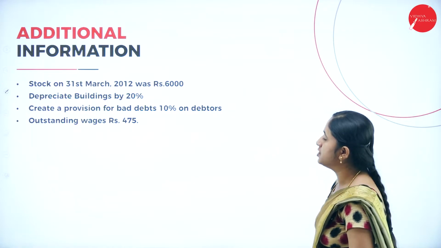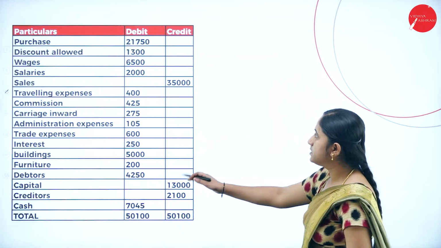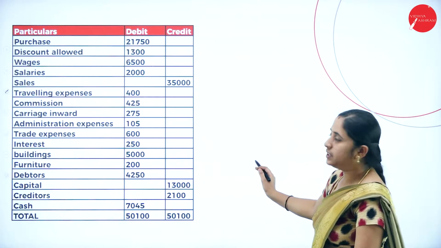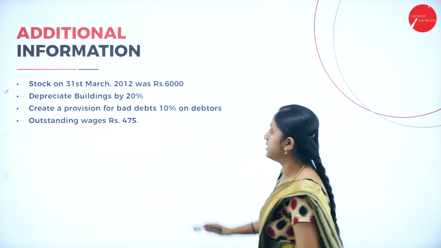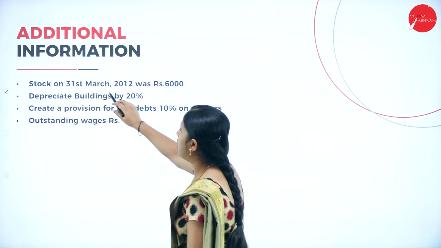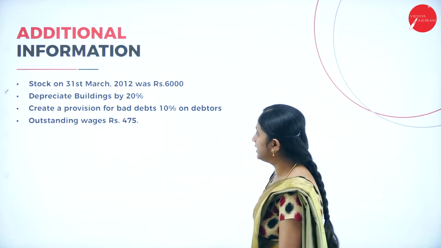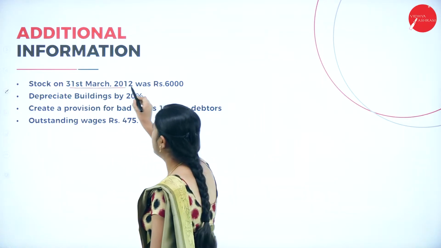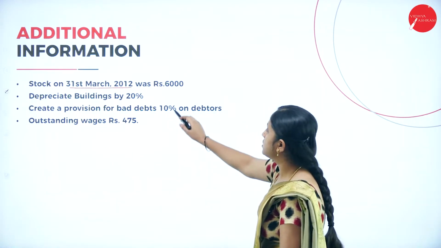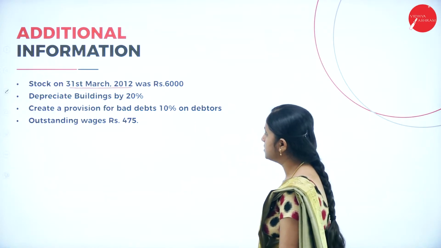Just continue with the problem. Additional information. This is the trial balance information. In addition to this trial balance, we have some more information. Stock on 31st March 2012. 31st March means closing stock. Closing stock rupees 6,000.